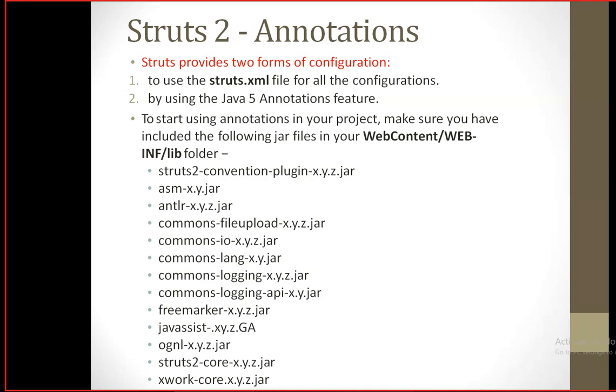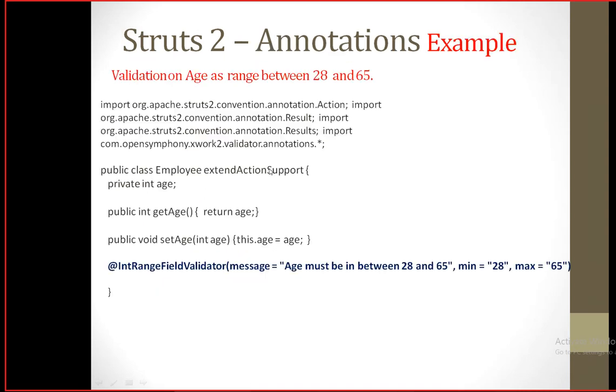But the other way to add components or tags to the struts.xml file is by using the Java 5 annotations which are used in the Struts framework. To use these annotations along with the conventional jar files, we need to include some other jar files, and this is the final list of jar files to be included to support annotations, right?